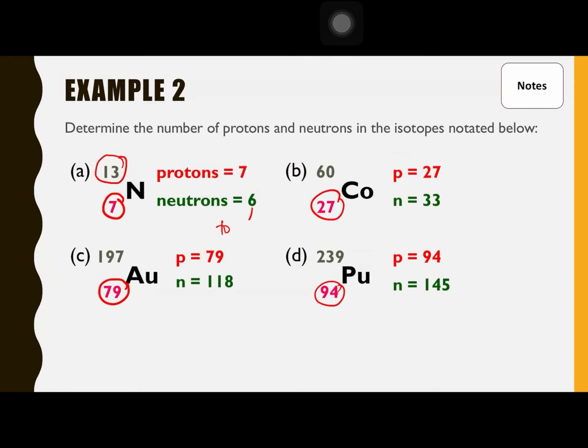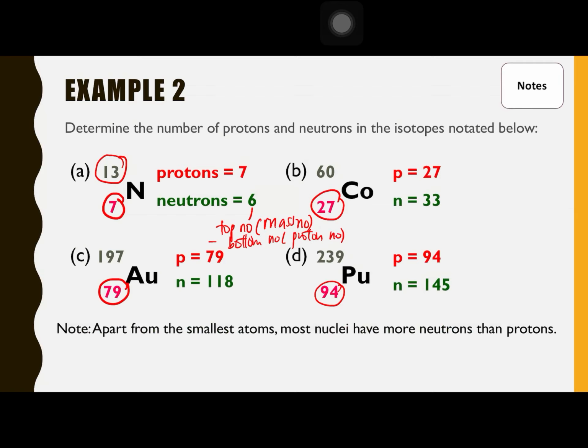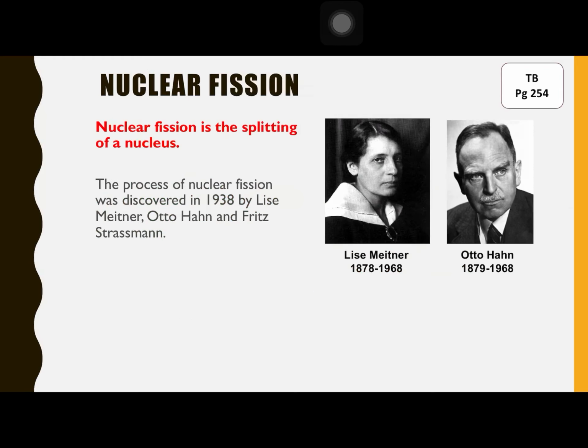Basically, it is the top number, your mass number, minus the bottom number, your proton number. Now something for you to take note of is that apart from the smallest atom, like hydrogen, most nuclei have more neutrons than protons.